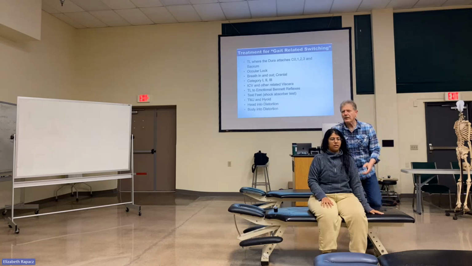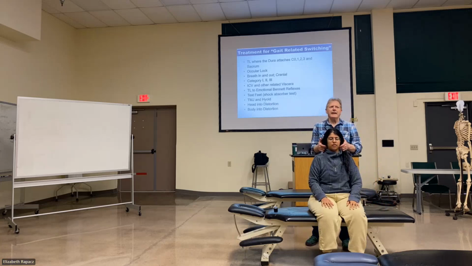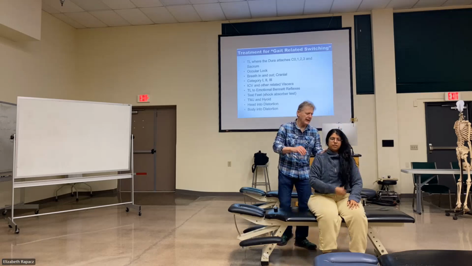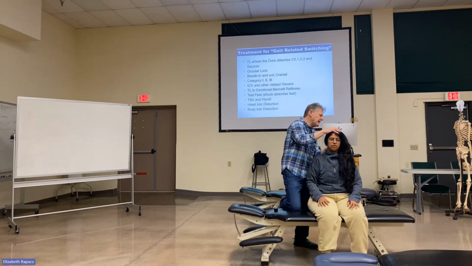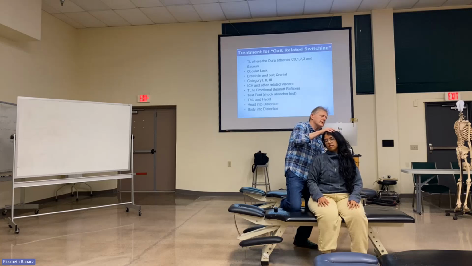So here's how I use head into distortion or body into distortion. Obviously all the neurology in the upper extremity comes from the neck. So I'm going to palpate through and feel if there's anything obvious going on, and then I'm going to turn your head. I'm going to feel for the neck softening and slackening.